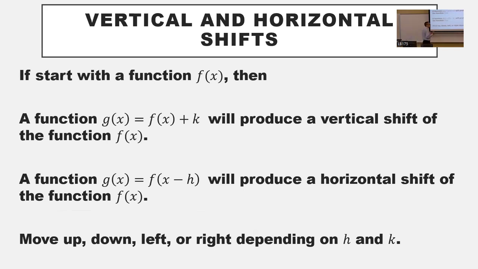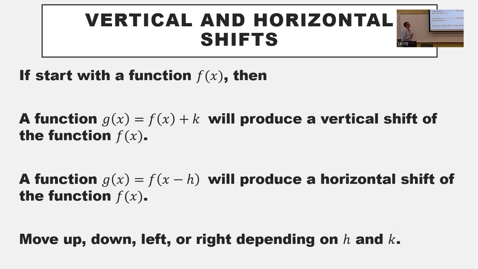So once we can recognize these base toolkit functions, what we want to do is start out by shifting them, moving them up, down, left, and right. Okay. When we move something up and down, what we do is we take the original function and we add a real number to that.